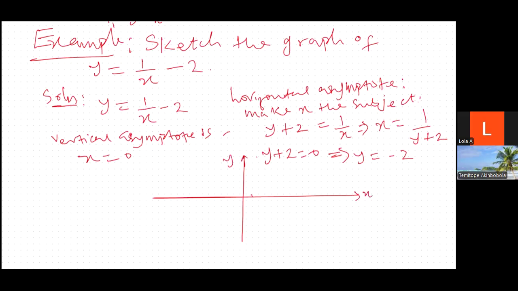Now, the vertical asymptote, we said, is going to be at 0. So that means we are going to have it on this line. Let me use another color. Let me use blue, dark blue. So the vertical asymptote is going to be on this line. Sorry, it's not as straight as I want it. Okay.